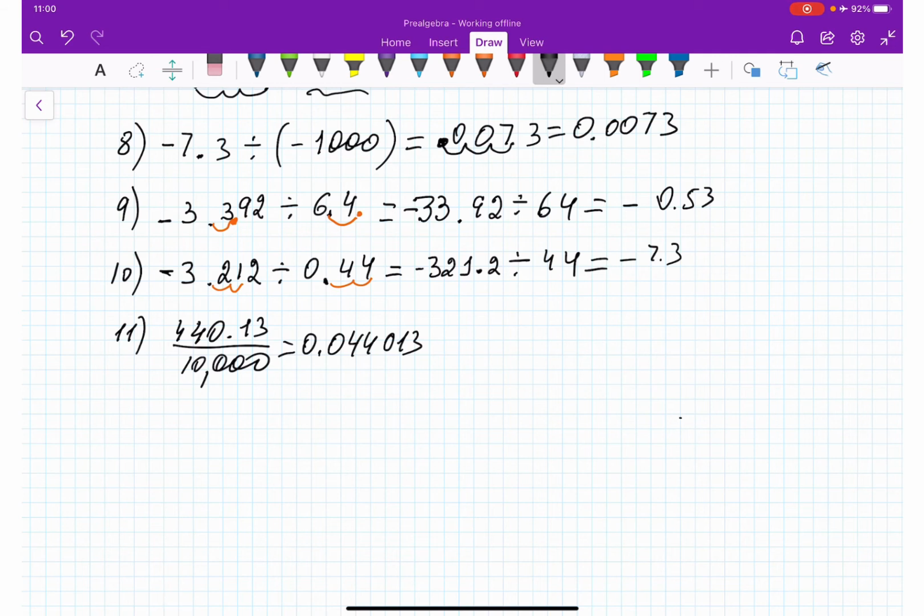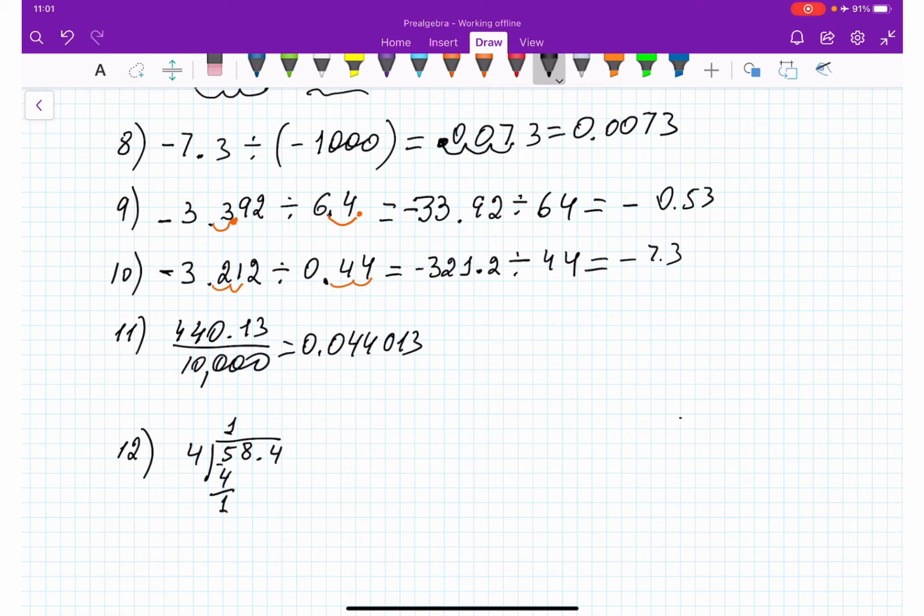Question number 12. 58.4 dividing by 4. Okay. So let's see, taking 5. 5 divided by 4 is 1. 1 times 4 is 4.